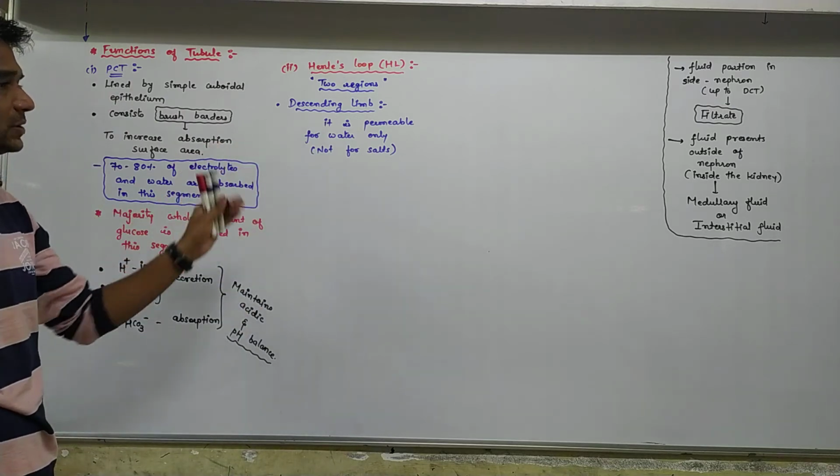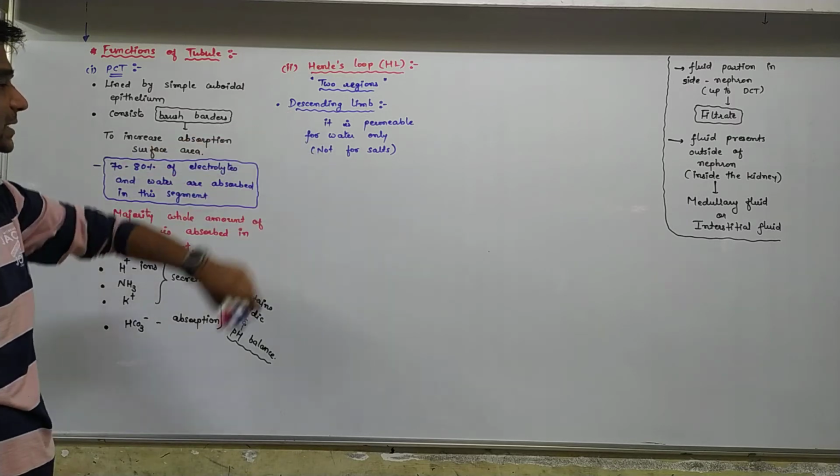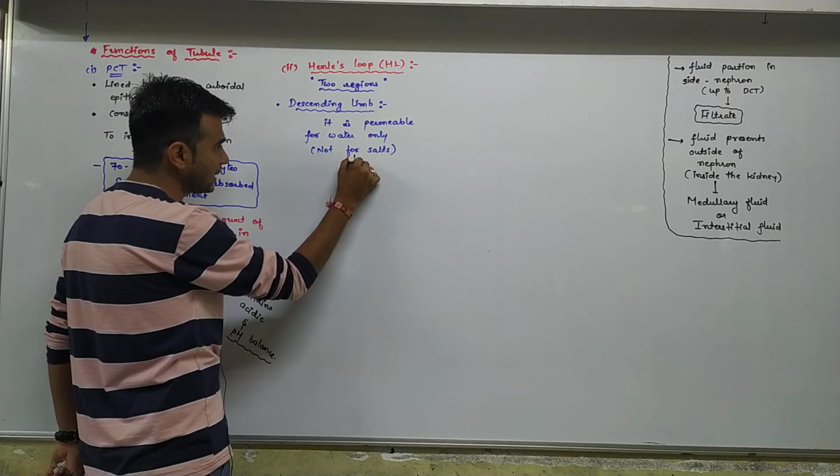So now move back to this point. The descending limb of loop of Henle is permeable to water. So now what happened?